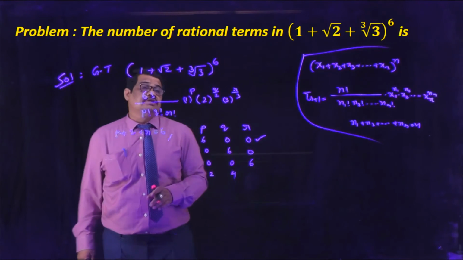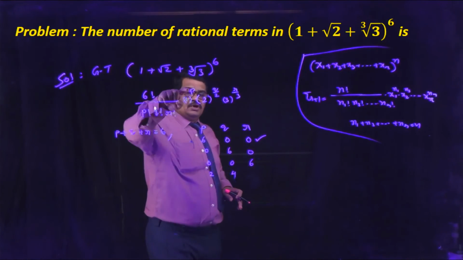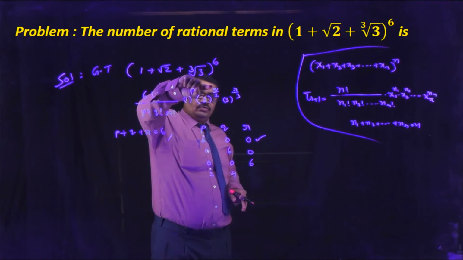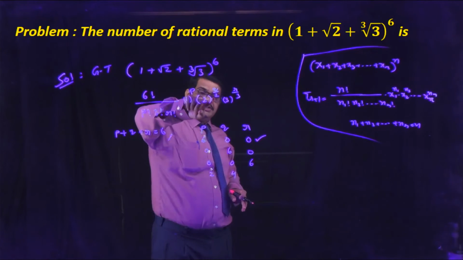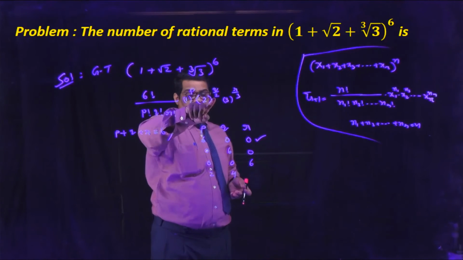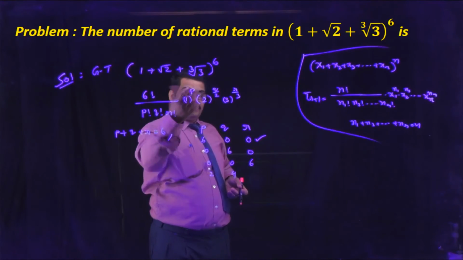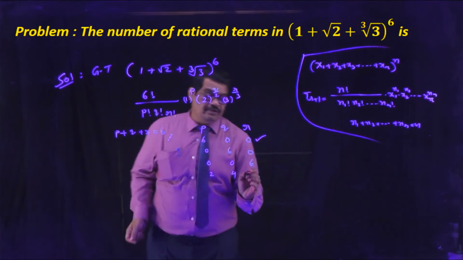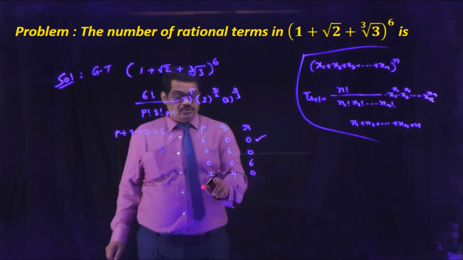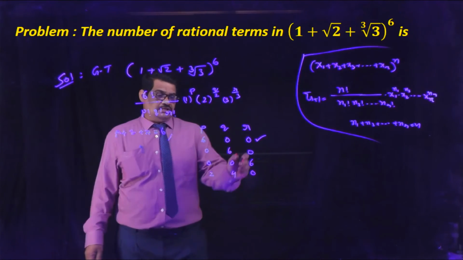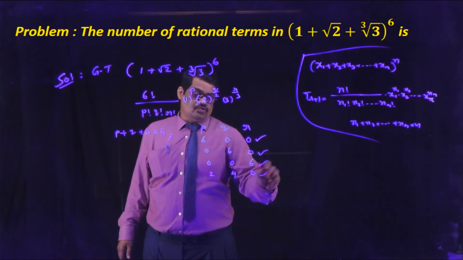Then 4 by 2 is an integer. If we choose q is equal to 4, that is an integer, and p is 1 to the power of anything, which is 1. So r is taken as 0. So 2, 4, 0 is another chance. So these are the 3, 4 chances.